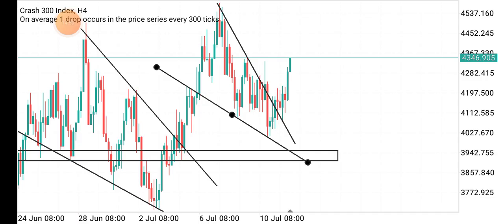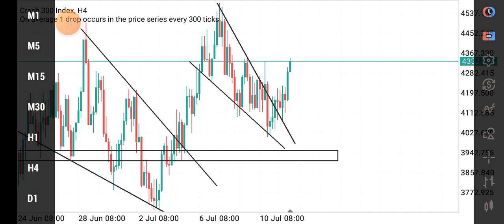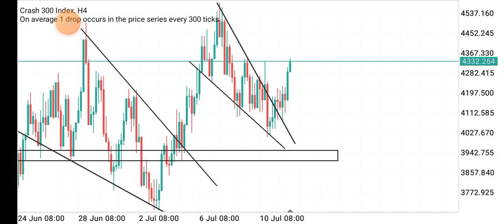I think that's okay. That's not the main concern. My main concern is the one at the other side. All right, so the resistive trend line is most important because I expected the market, since the market is breaking out through that direction. All right, so now you can see there was a breakout.